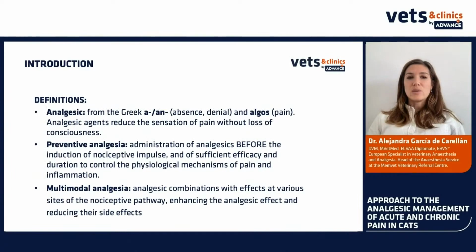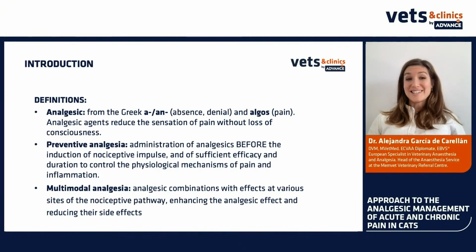Now that we know what pain is, we need to define what an analgesic is. Basically, an analgesic is a drug or a treatment that reduces the sensation of pain without loss of consciousness, because that would be anesthesia, not analgesia.